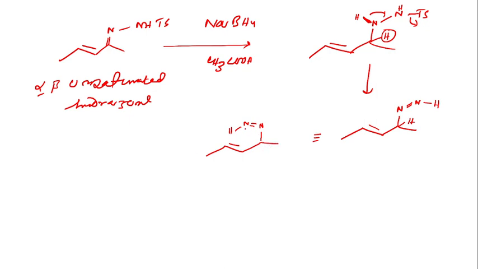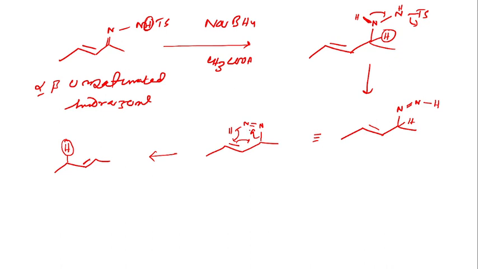You don't need to worry about these things. This is coming here, this is here, and this is leaving. As a result, what are we getting? The double bond shifts by one carbon. Hydrogen is here. Look, this is the hydrogen, the new addition to this double bond. This is the hydrogen of this NH. This hydrogen comes here. So you understand. This is the product that is going to be there.